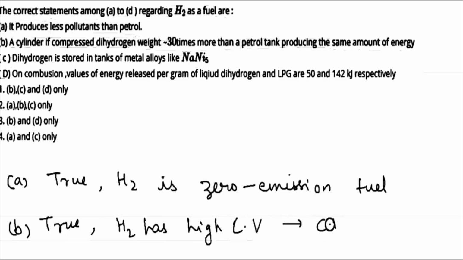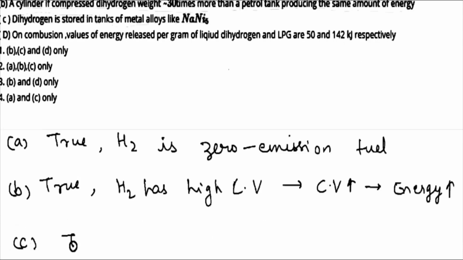As calorific value increases, the energy produced increases. The third statement is that dihydrogen is stored in tanks of metal alloys like NaNi5. So our C statement is also true because hydrogen is widely stored in tanks of metal alloys like NaNi5.